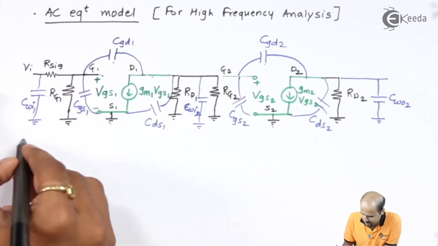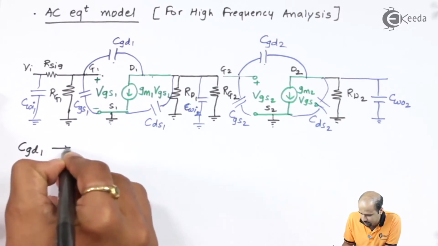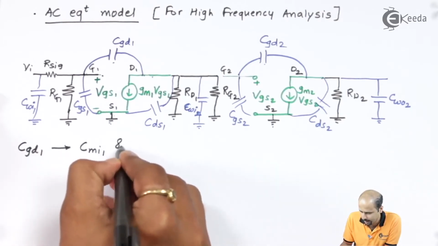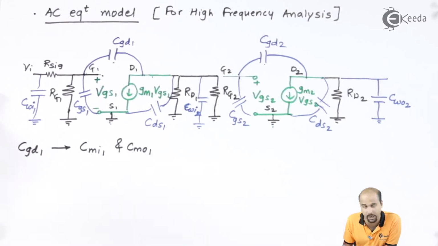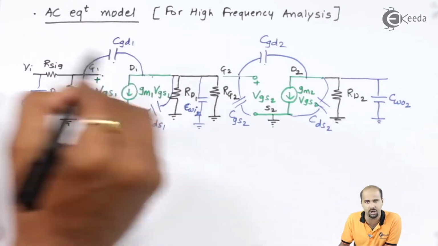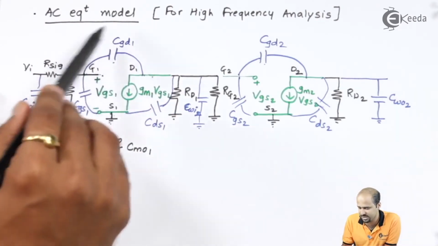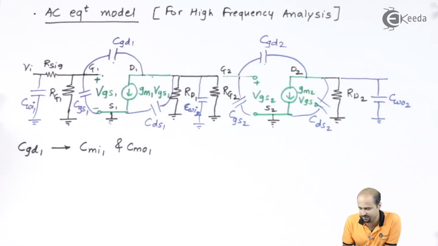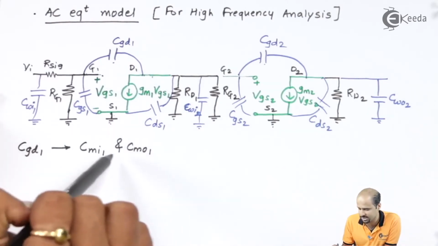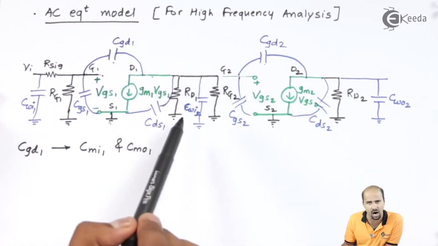We will say that CGD1 gets converted into CMI1 and CMO1. Basically, I will cut this particular component, and instead of this arrangement, I will place a capacitor with a different value as CMI1 at the input side and CMO1 at the output side.